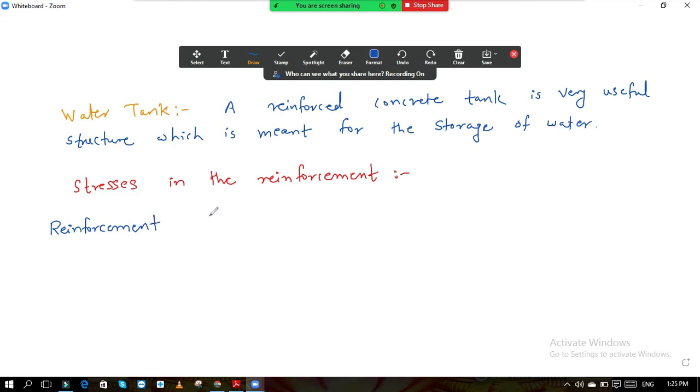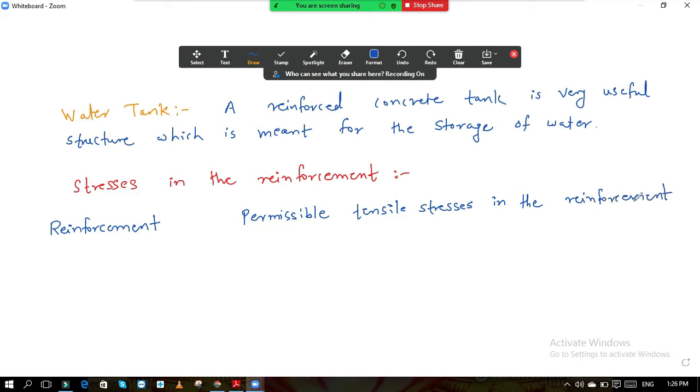So the second column is permissible. Permissible means allowable. Permissible tensile stresses in the reinforcement.